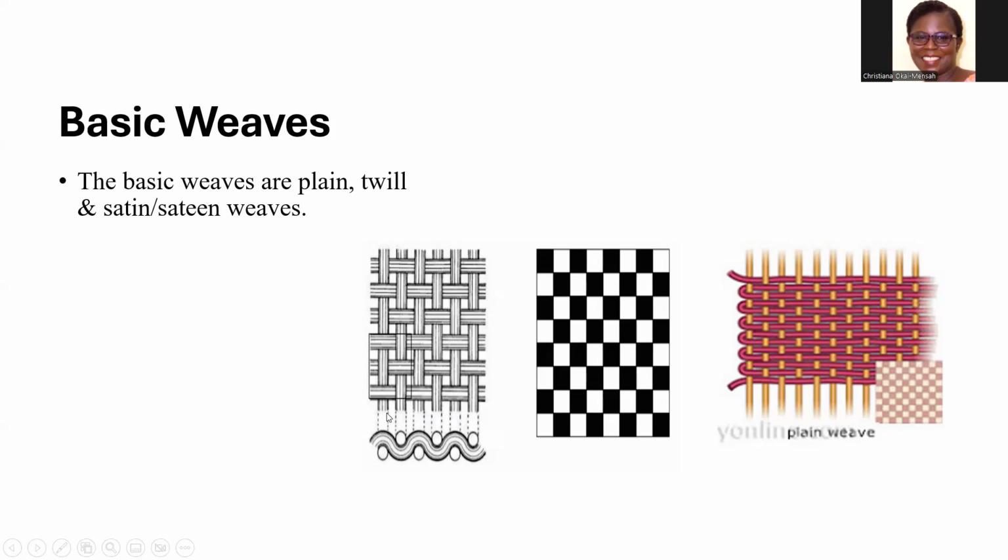So this is the plain weave, the basic one. It's one up, one down, one up, one down, just like you can see here. In that direction, you get the same as this one. That is the plain weave.